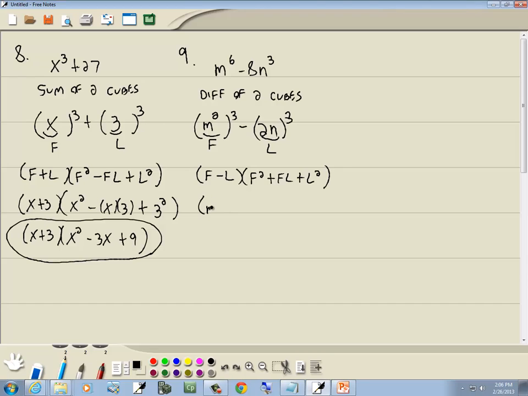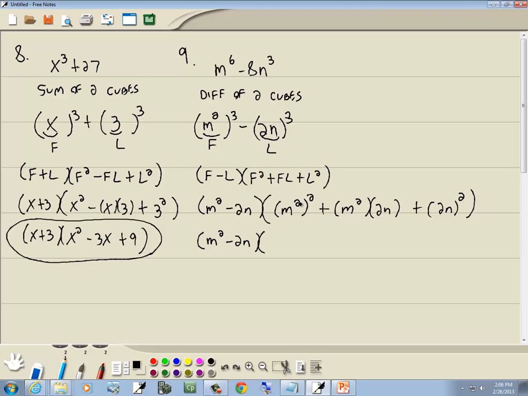So we have m squared minus 2n, and here we have m squared to the second power plus m squared times 2n plus 2n squared.